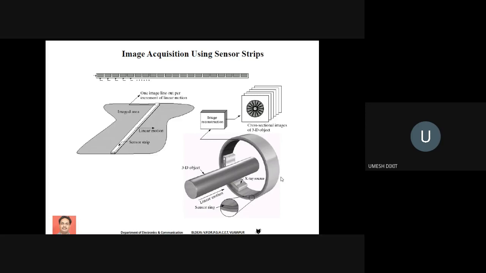Okay. When the X-ray passes through the object, the intensity of the X-ray is going to vary. The variation in intensity is captured by means of sensors. As this ring configuration rotates, it will be able to produce a 3D view of the object.